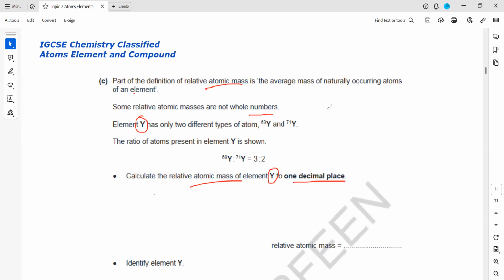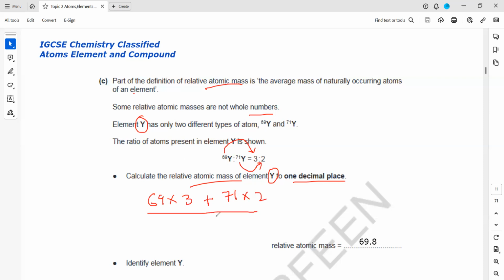If the percentage is given, it is the percentage of each isotope multiplied by its mass, added together, divided by 100. But if the fraction is given, it is the mass of the isotope multiplied by its fraction, because 69 is three units, plus the mass of the other isotope multiplied by its fraction, that is 2 units, divided by the total.